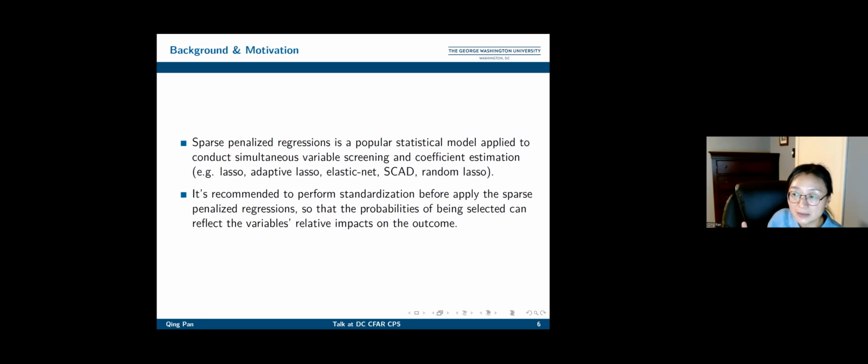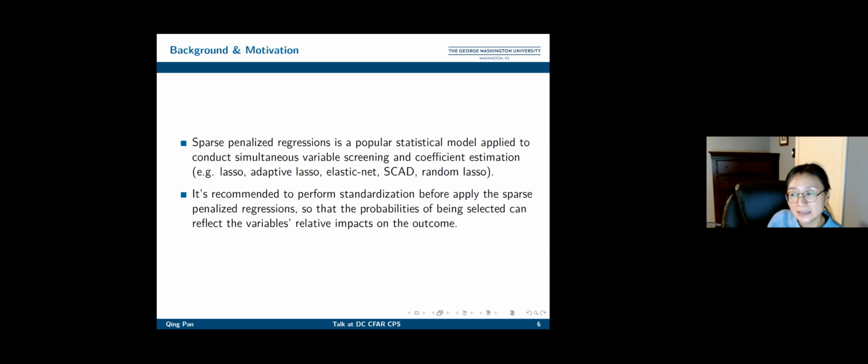If the beta is large, it will still be shrunk, but it won't be 0. So the covariates with larger beta will be selected, and the ones with smaller beta will be unselected.